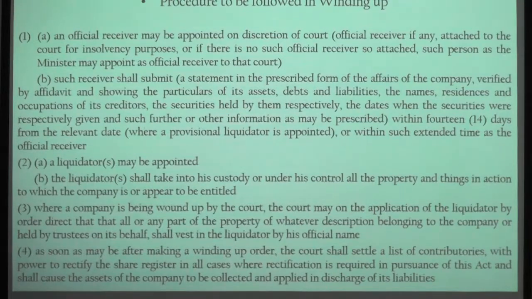So, within 14 days from the day that a provisional liquidator has been appointed by the court in respect of this company, or within such extended time as the official receiver may request from the court and obtain the consent and approval of the court to extend his time.